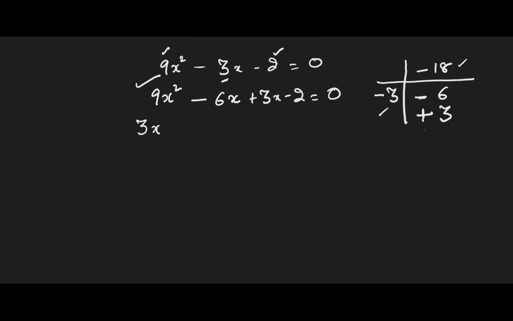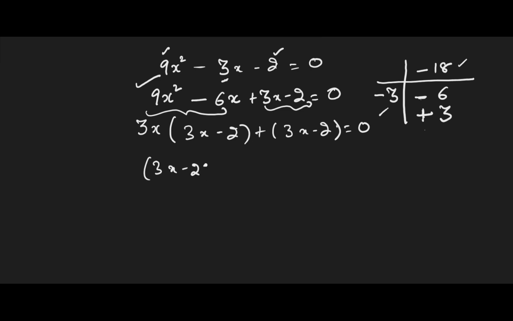Take 3x common from the first two terms, and there is nothing common in the last two terms. Okay, so now let's take 3x minus 2 common from these two terms. Okay, so we get 3x plus 1 equals 0.